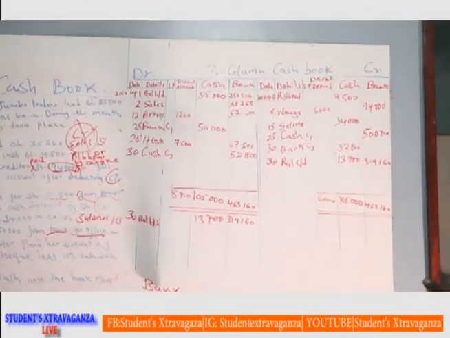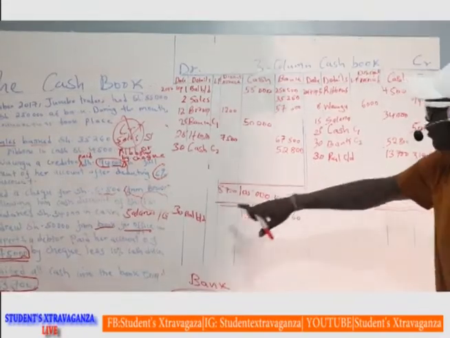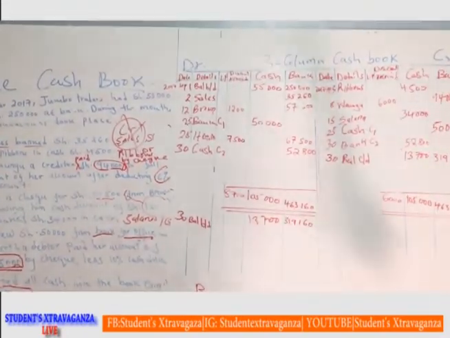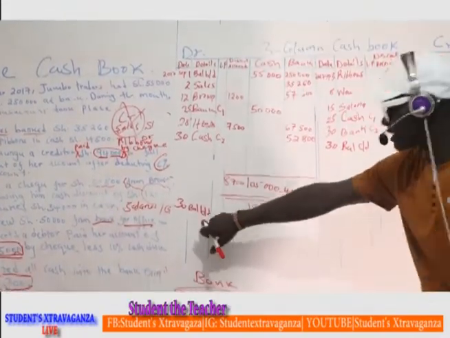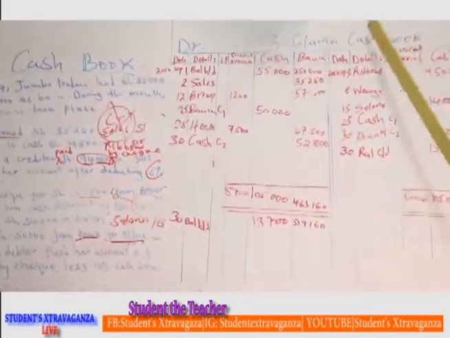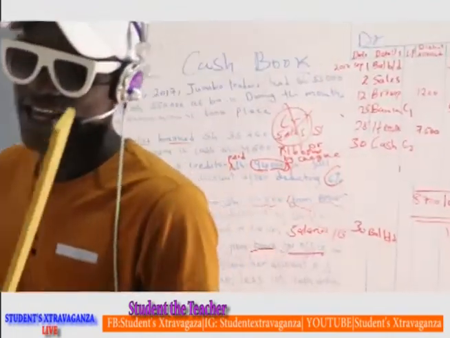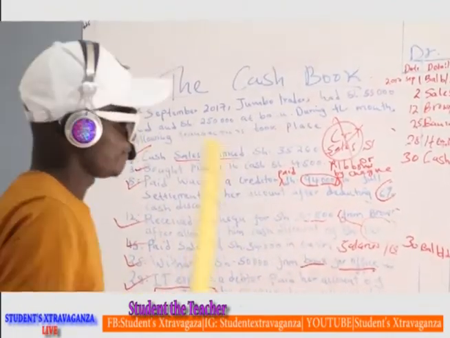But it's as simple as this. If we carry down, we must bring it down. This preparation of a cash book is as simple as A, B, C, D.